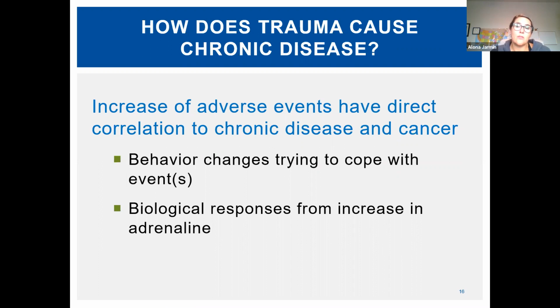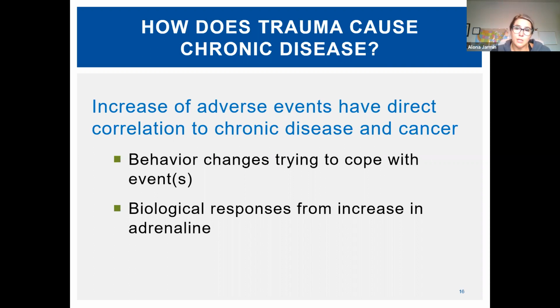Also, as adults, we may have experienced other traumatic events, such as losing a job, losing a spouse or loved one, a medical diagnosis, and so on. So there's a few ways that these events have effect on our body. Either we are using unhealthy coping mechanisms, such as smoking, drinking, drug use, illicit drug use, overeating, and so on to deal with these experiences.